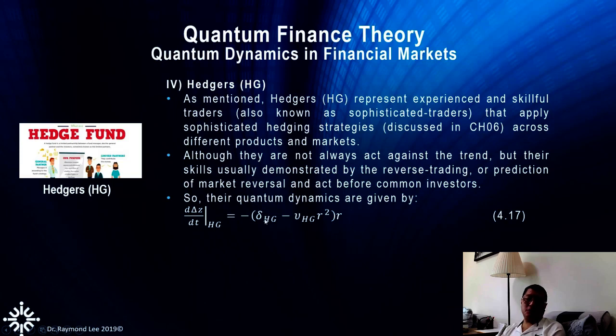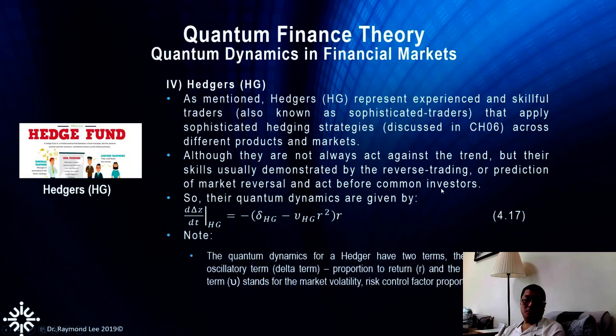You can see the first order term and the second order term, because this one is the vorticity part, R squared. The quantum behavior for hedgers has two terms: the quantum harmonic term, the delta term proportional to R, and also the market vorticity term, the risk control term, proportional to R second.